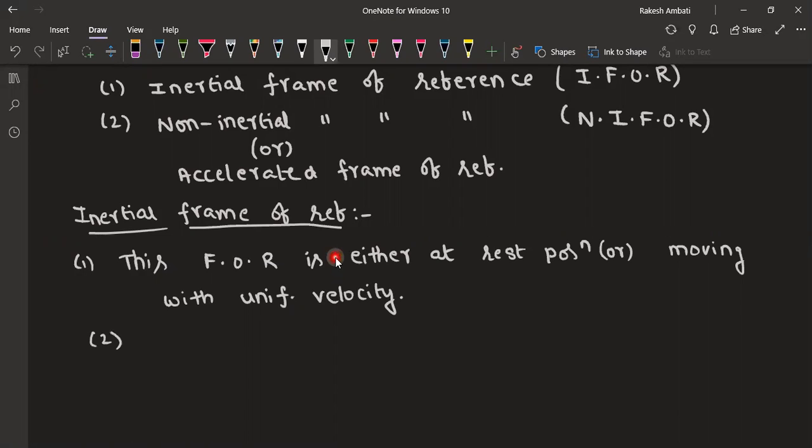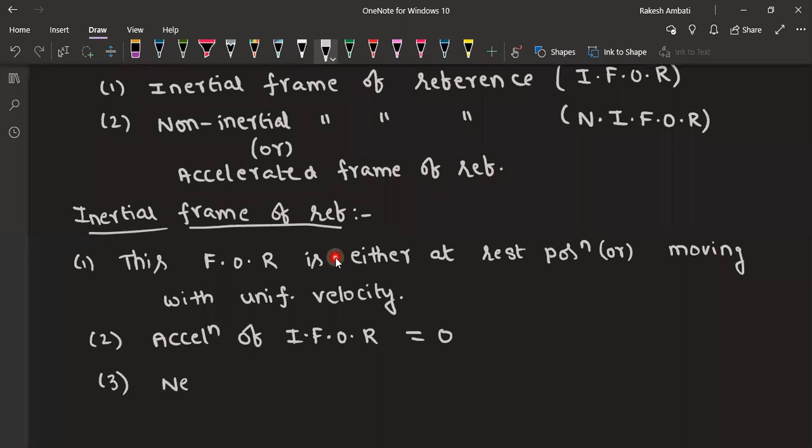That means what is the acceleration of an inertial frame of reference? Zero. So the acceleration of an inertial frame of reference is 0.